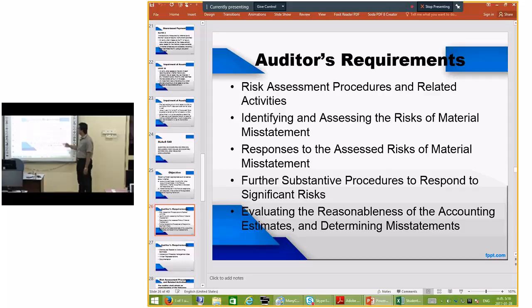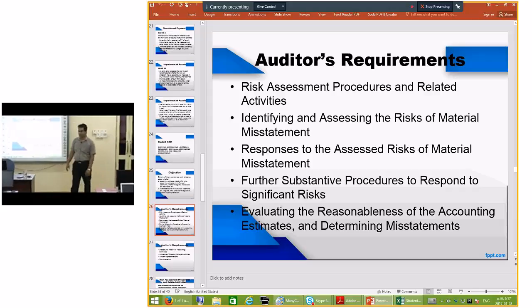So what's the auditor's requirement on these accounting estimates? You have to assess the risk and related activities on the accounting estimates, then identify and assess the risk of material misstatements, respond to the assessed risk, then perform further substantive procedures to respond to the significant risk, and evaluate the reasonableness of the accounting estimates and determine the misstatements arising from those fair value estimates.